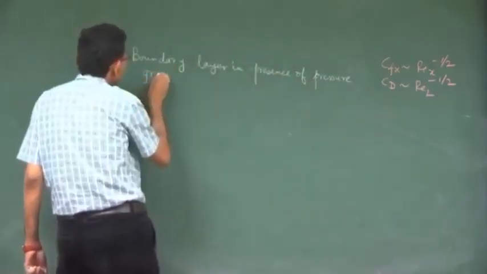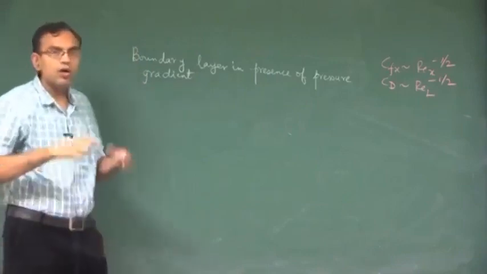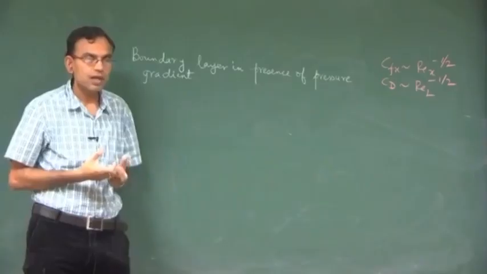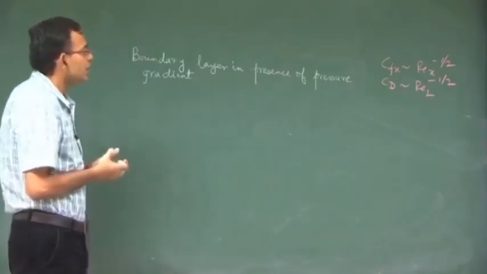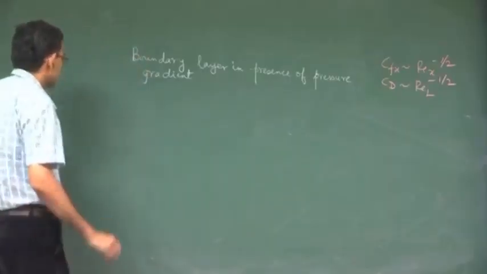This is a very interesting topic, because if we understand this properly, we will get a clue of the motion of various sports balls and how the boundary layer growth affects their motion.